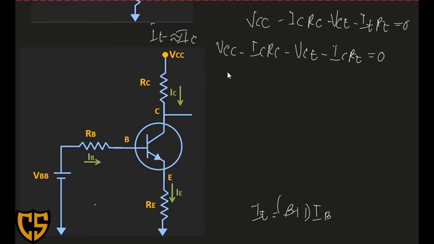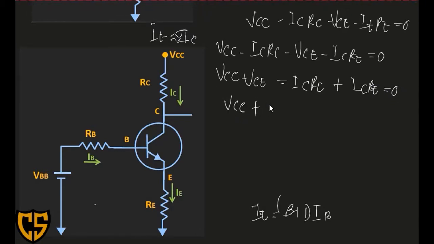Then we transpose our IC to the right side of the equation: VCC minus VCE equals IC RC plus IC RE. This will be VCC minus VCE is equal to IC, factoring out, RE plus RC.